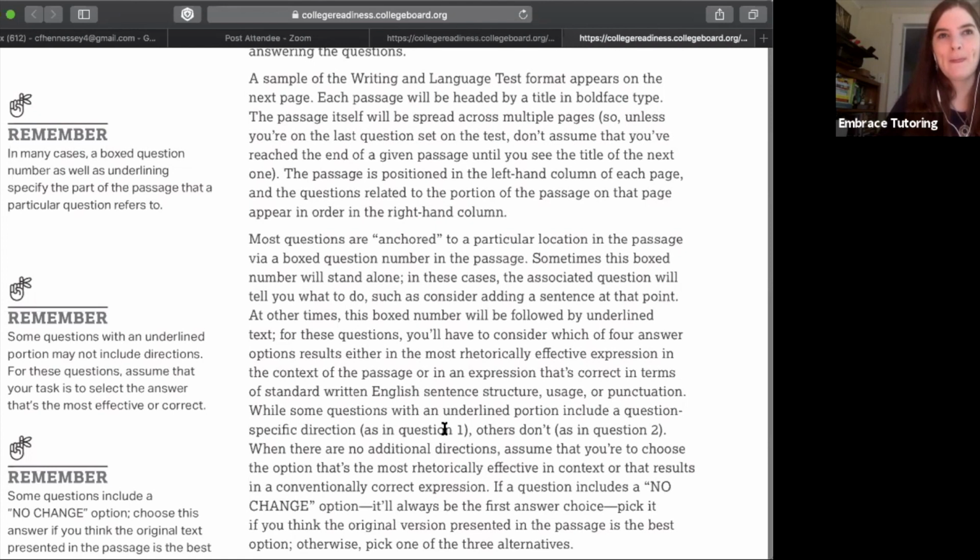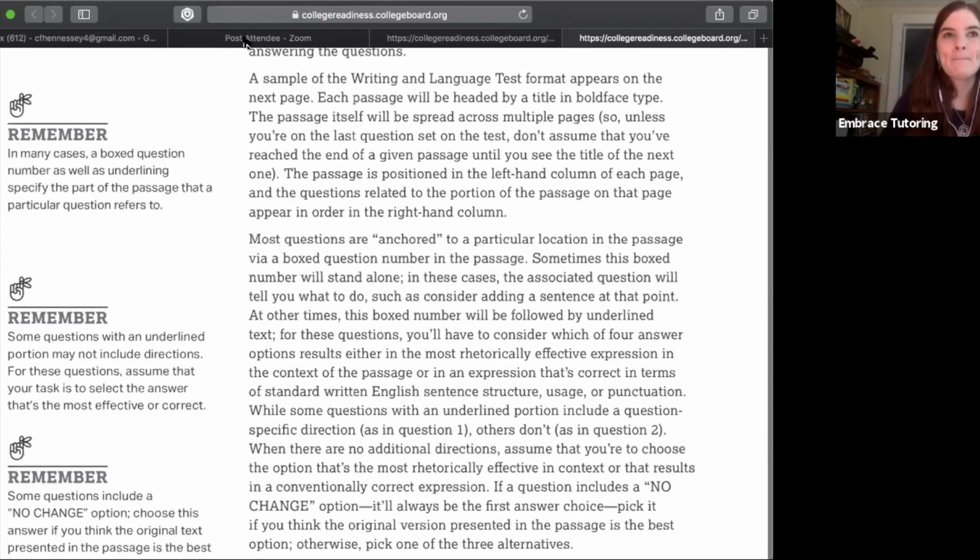You can get a lot of these ideas jumbled up in your mind, because they throw errors at you left and right and then ask you to make choices. Sometimes you have to make a judgment based on previous answers to understand whether something fits where it's located, or if it should be moved or removed. All of those things come into play when you're dealing with the writing and language test.